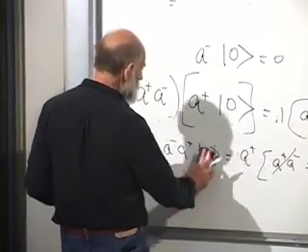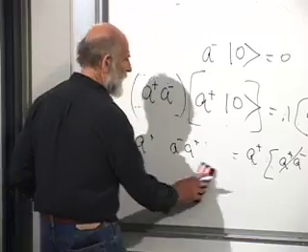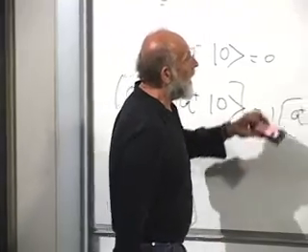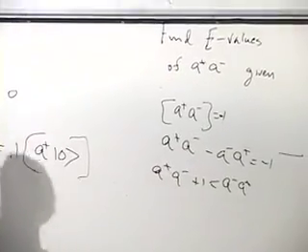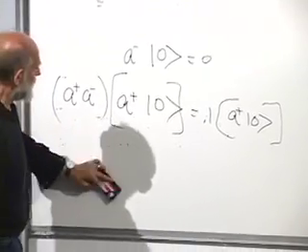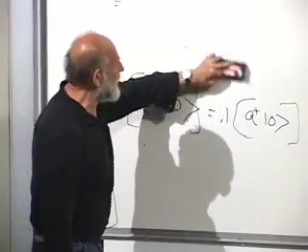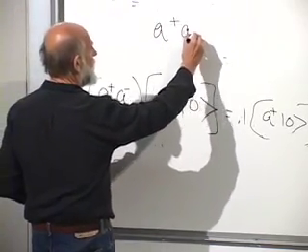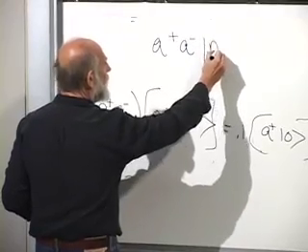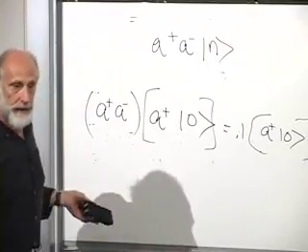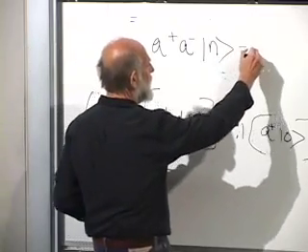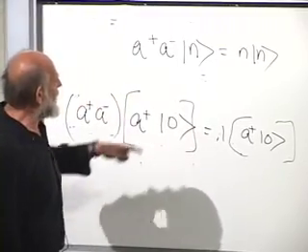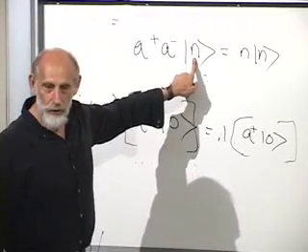Supposing we have an eigenvector of A plus A minus with eigenvalue n. In other words, supposing we have found a solution A plus A minus on some vector which I'll call n is equal to n times n. Now, you might get the idea that I'm thinking that n is an integer, and I am.